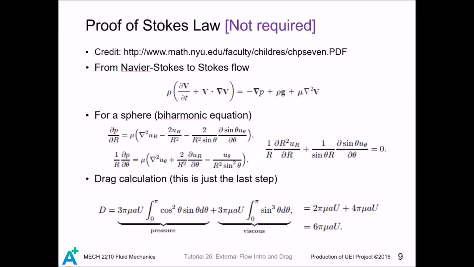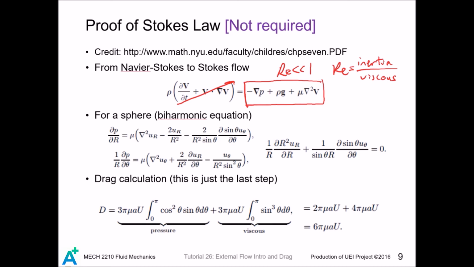In fact, we can show that the Stokes law is true by using the Navier-Stokes equation. Since the Reynolds number is really small, and the Reynolds number is defined as the inertial force divided by the viscous force, we can neglect this term completely, and what's left is to solve this second-order linear partial differential equation.